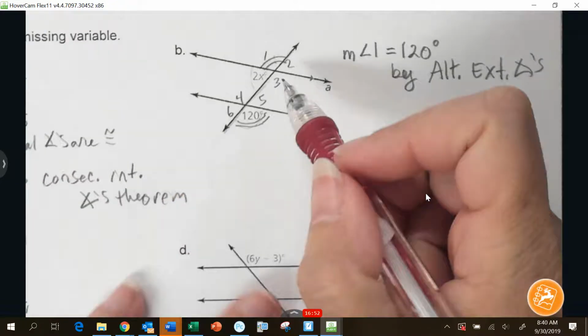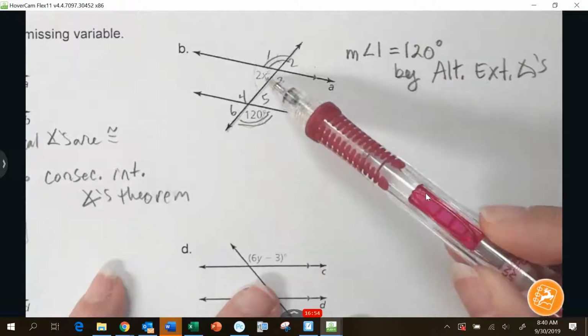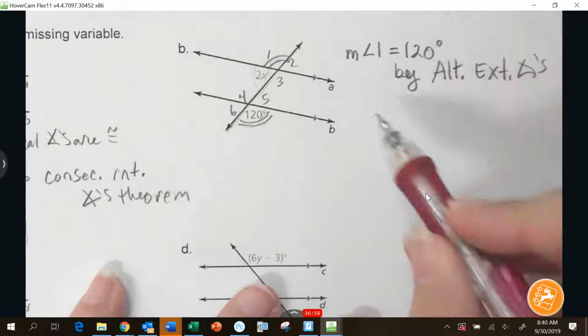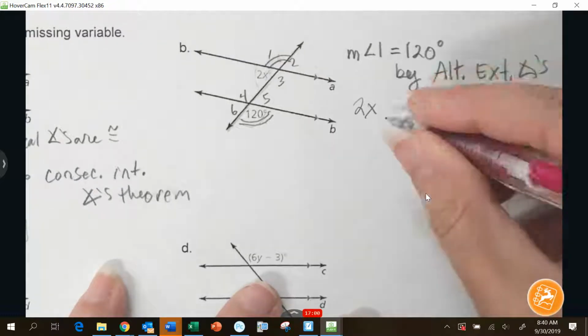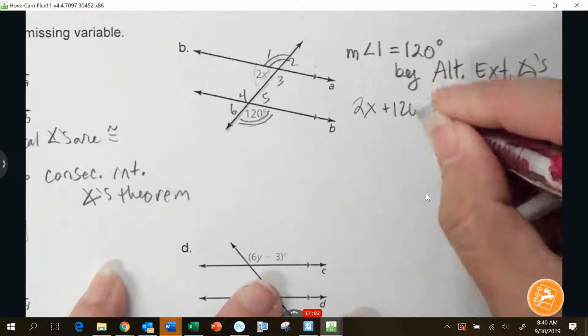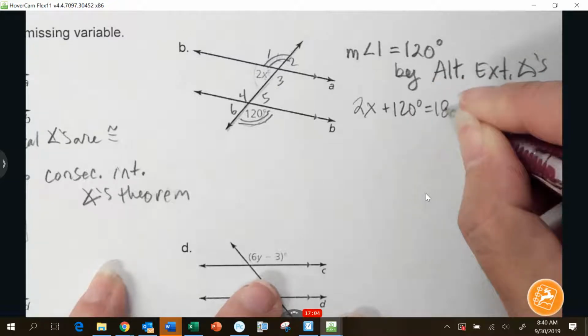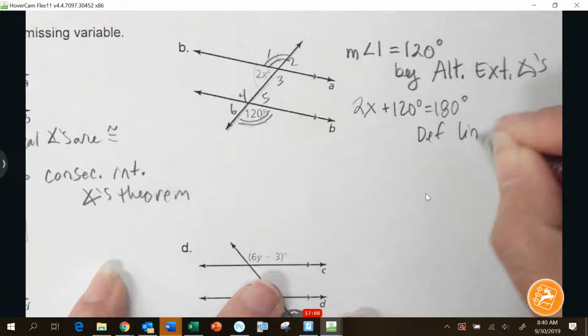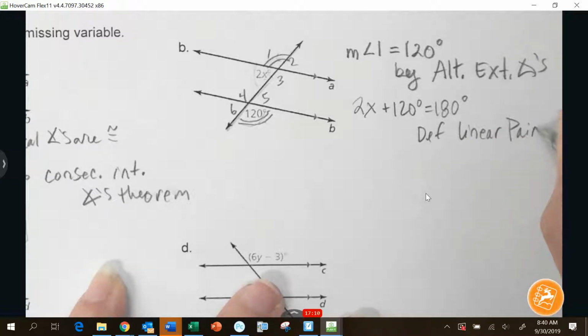So now going back to what you said before, Jesse, 2x and 1 are supplementary because they're a linear pair. Actually, is it the definition of linear pair or linear pair postulate?